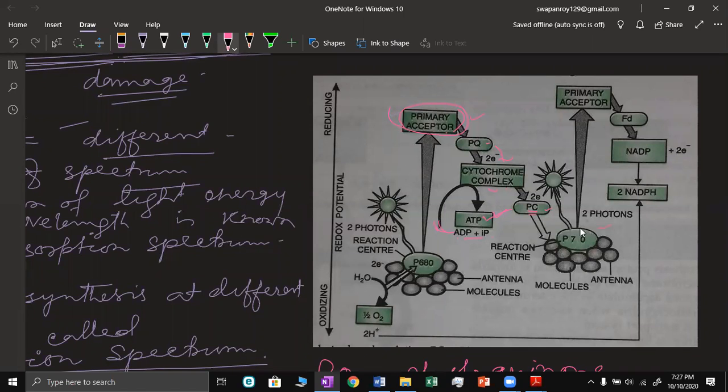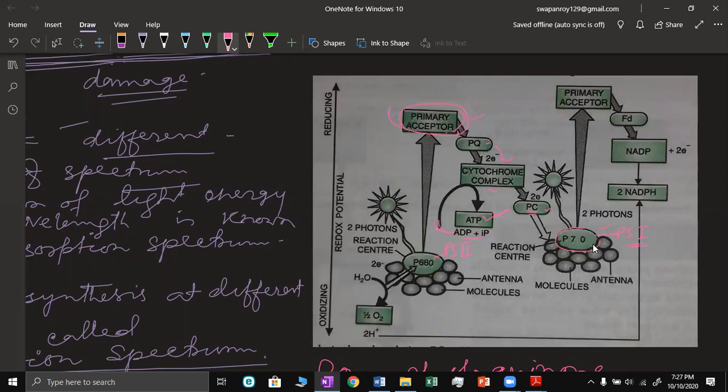Okay, and from the plastocyanin, ultimately the electron is accepted by the pigment system 1. This one is PS1 and this one is PS2. Okay, this pigment system 1 can accept electron only if it is facing a deficit of electron.